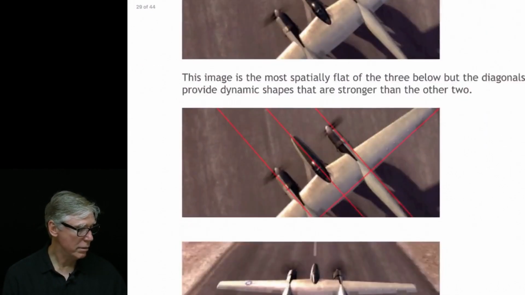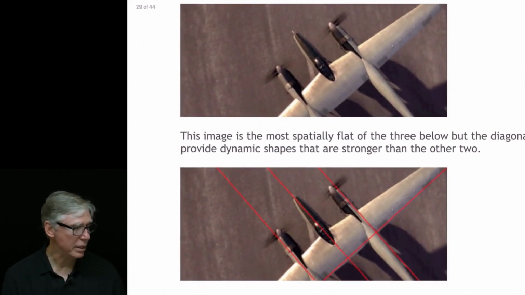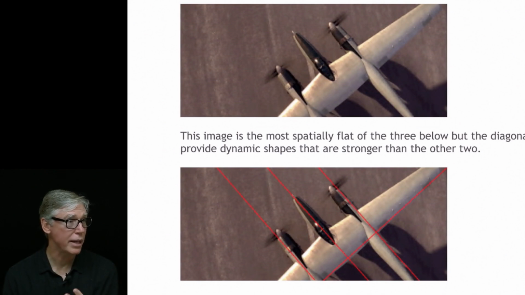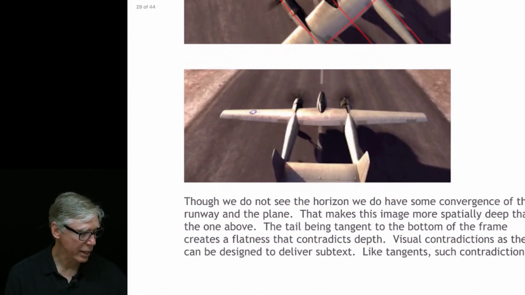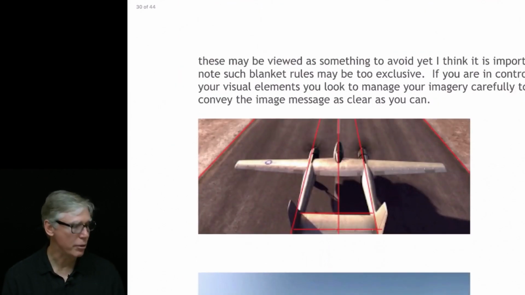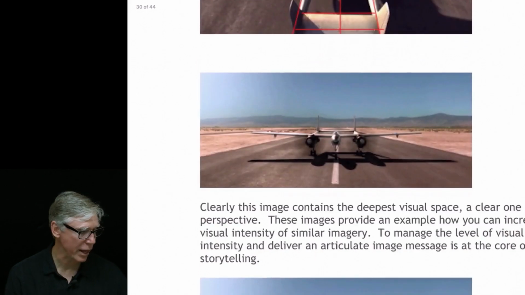Which is stronger, deeper space than you get here, okay? And here, the only difference is in here you get strong 2D diagonal shapes. Okay, these sit within that picture plane, or sit on the picture plane, and there's strong diagonals, but they're very, very flat. The space is very flat. Here we have more spatial depth, okay, and some converging lines that imply that spatial depth, but we're symmetrical, so it still stays a little flat.